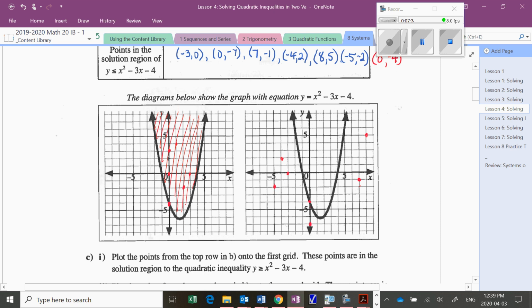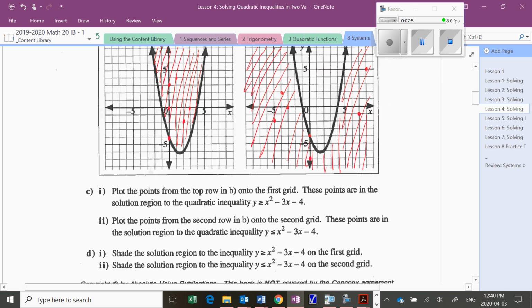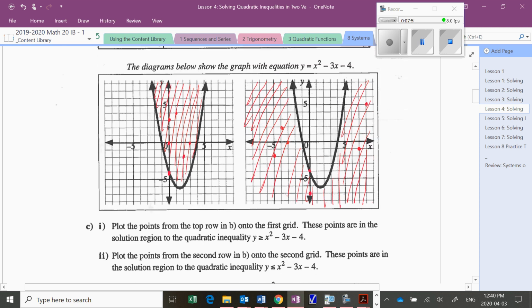Those all satisfy y less than or equal to x squared minus 3x minus 4. So then our solution region is everything outside of that quadratic. So we would just shade all of that in then. Okay, and so that's what we just did for part D right there.